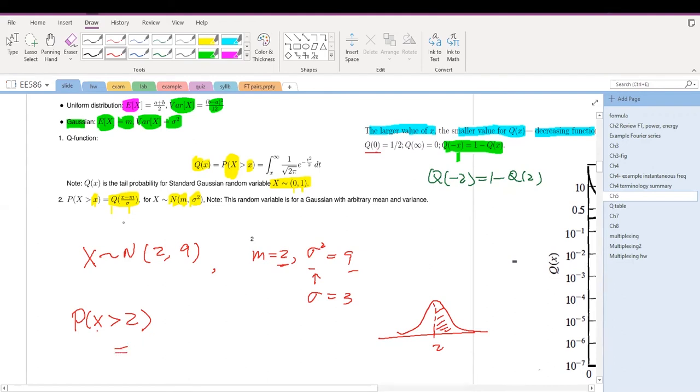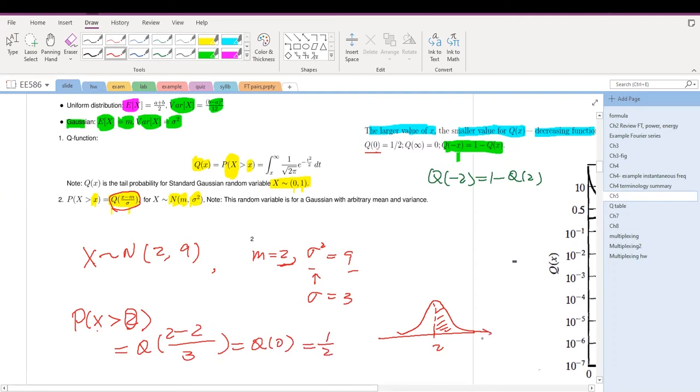That should equal, according to this relationship, small x equals 2, m equals 2, and sigma equals 3. That is equal to Q(0). So that equals half.